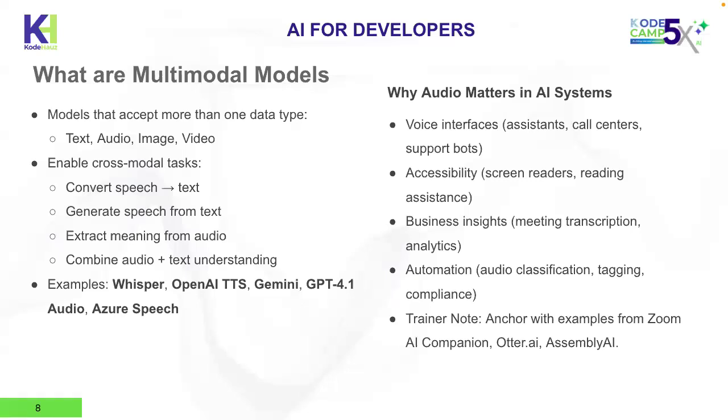Cross-modal tasks are tasks that you can ask in one data type and expect the response in a different data type or form. So for example, you can send speech and it converts it to text. That is a cross-modal task. You can also send text and expect it to translate to speech. That's also cross-modal. You can ask it to extract meaning from audio.